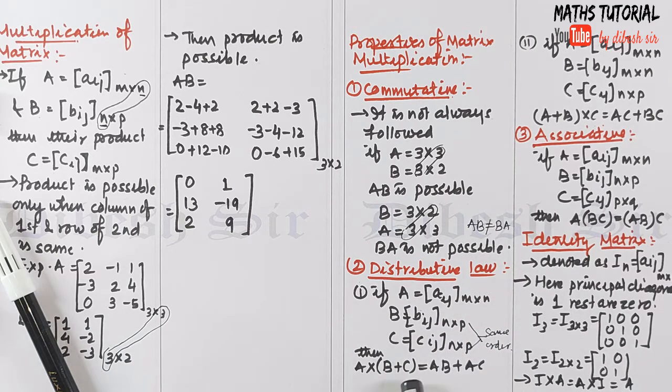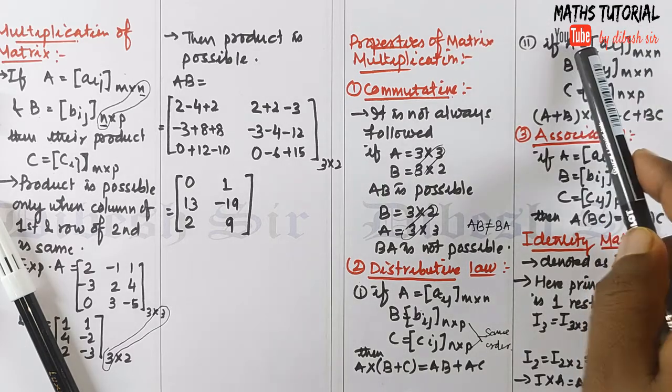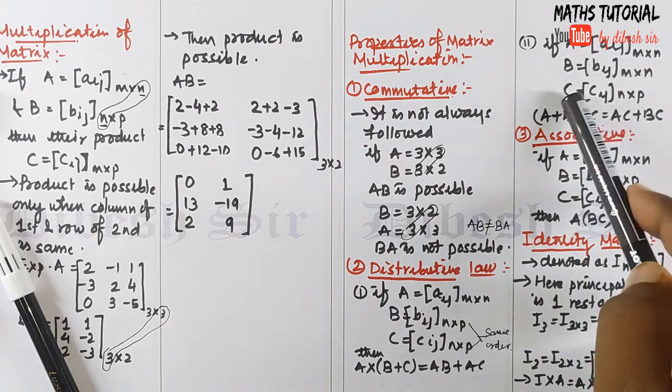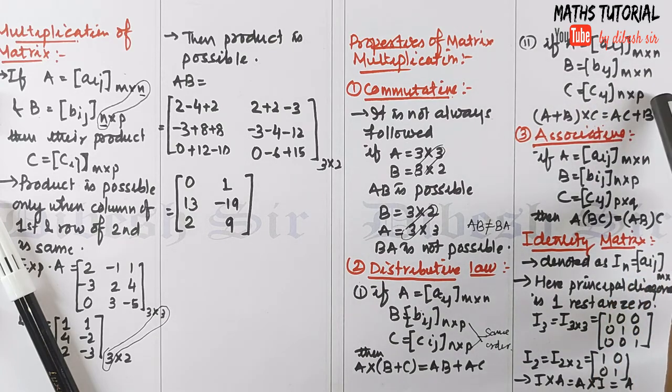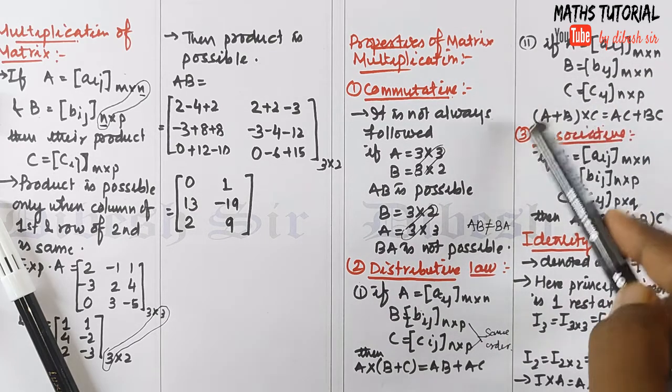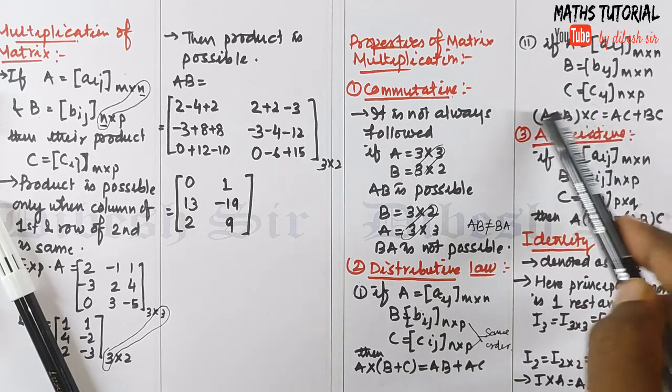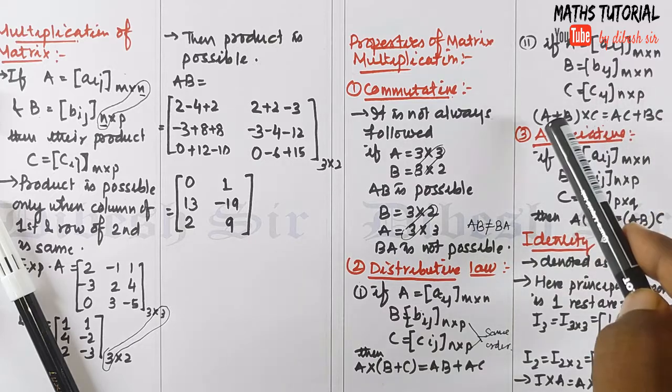Then multiplication is possible. So next, if A is equal to Aij m cross n, B is equal to Bij m cross n, C is equal to Cij n cross p. So clearly here (A plus B) times C is equal to AC plus BC.